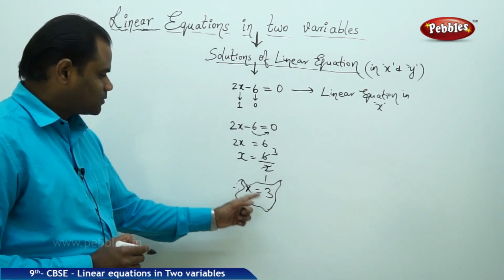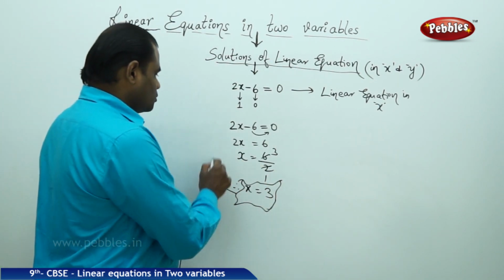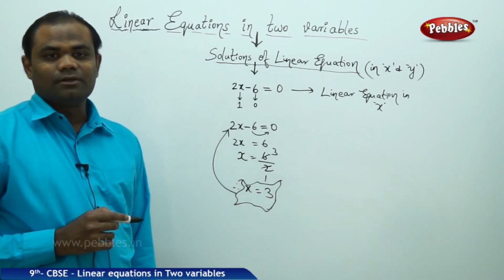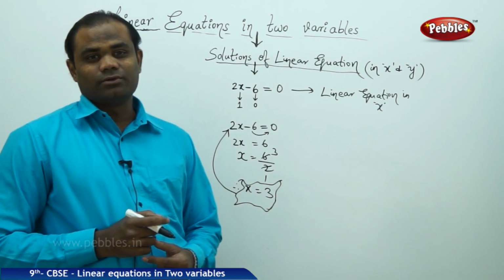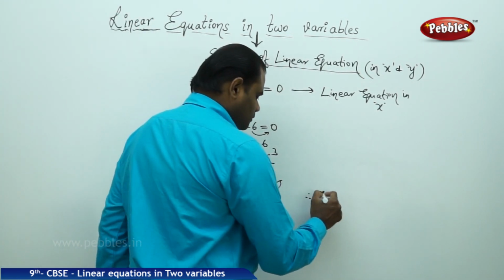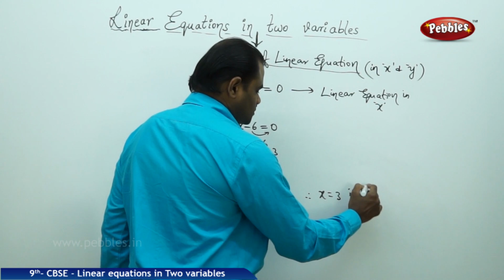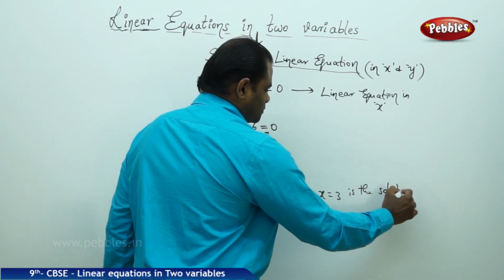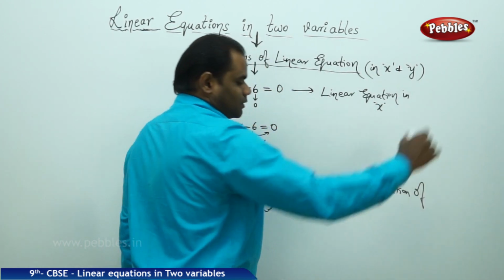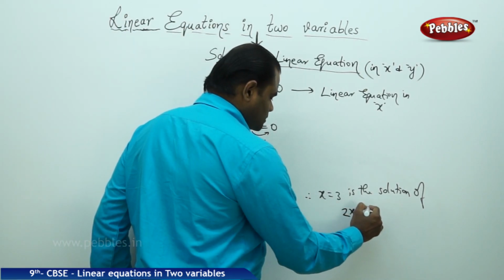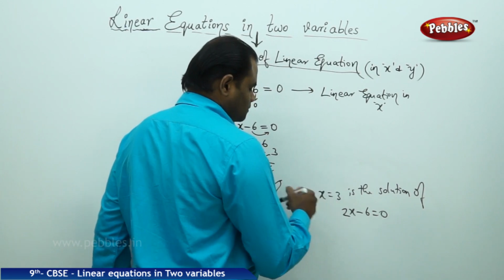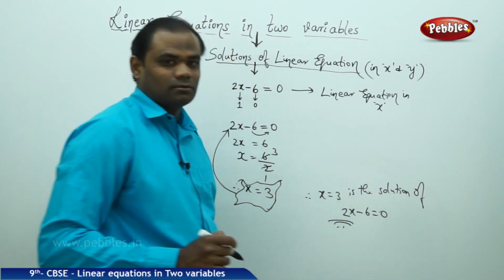Therefore, x equal to 3 is the solution of the given linear equation. That is how we understand the solution. Therefore, x equal to 3 is the solution of the linear equation in one variable x, that is 2x minus 6 equal to 0, is how I conclude.